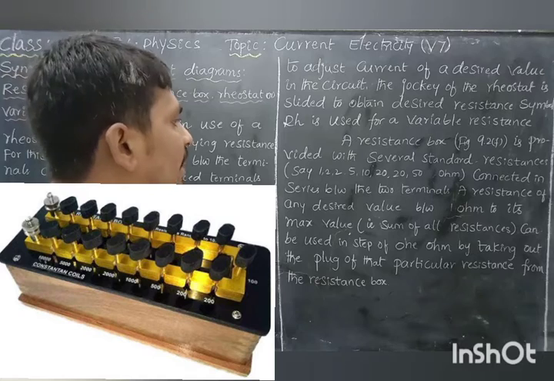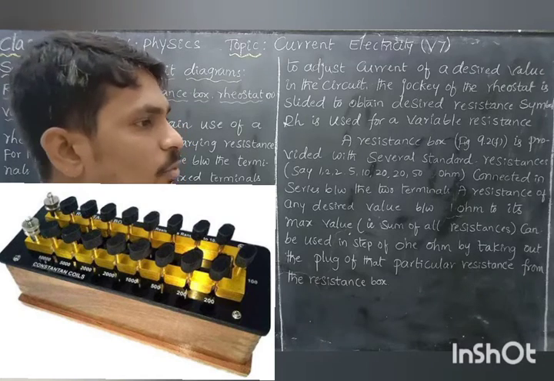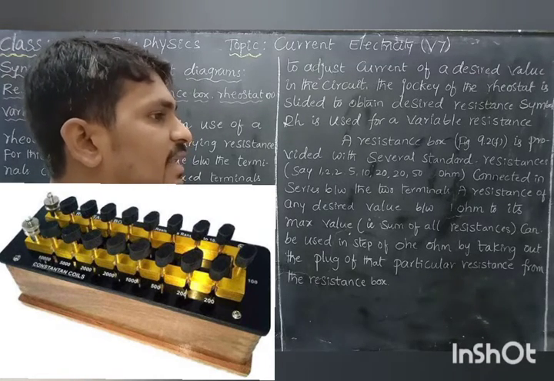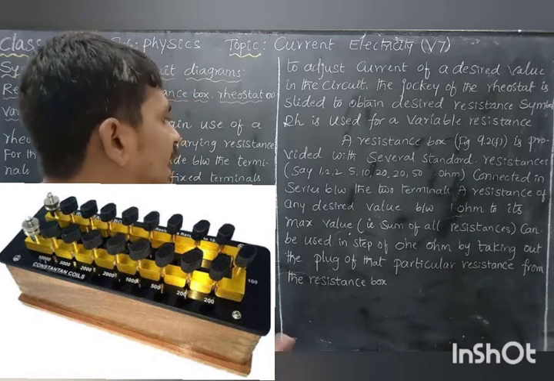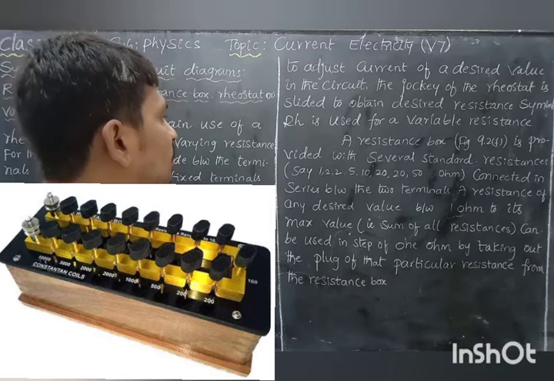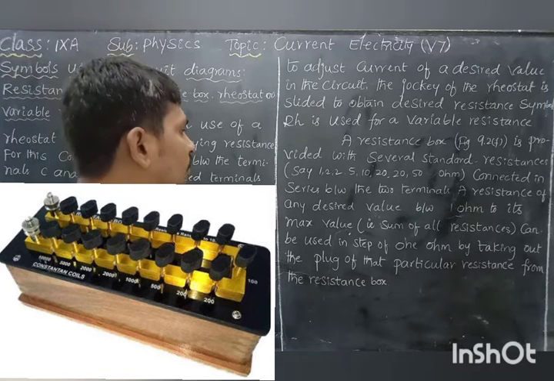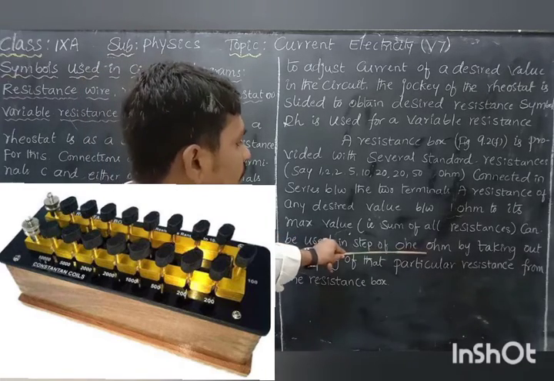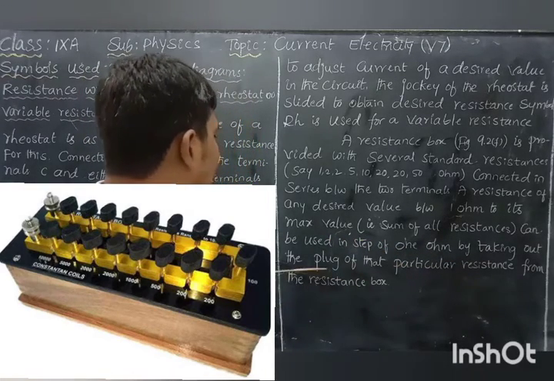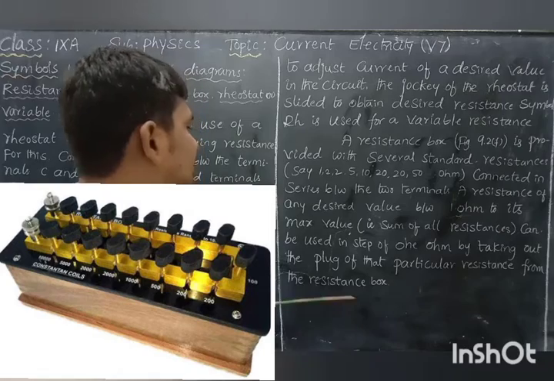So depending upon how much resistance you want, and whether it is a series or parallel connection, you can connect in different ways so that you will get the desired value of resistance. Next, in steps of 1 ohm, by taking out the plug of that particular resistance from the resistance box.